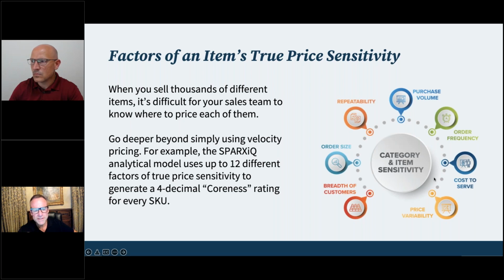There's over a dozen of these different attributes, and we evaluate each and every customer's market basket to be able to profile the relative sensitivity of each of the products they buy. We then look across groups of customers, either by type or across the entire population of customers, to generate an overall sensitivity rating. And this has a 4-decimal coreness rating, which further improves the precision of these price factors that get applied.